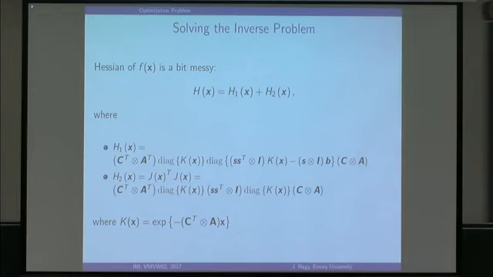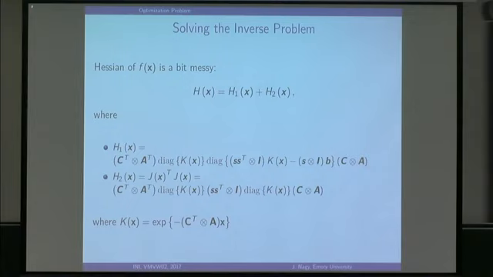Well, you can write it down, and you can actually compute these things. There is an issue, of course: this thing could be indefinite, so you have to take that into account if you're going to try to use the full Hessian. But you can write these things down. I'm going to try to use both of these in some numerical experiments to do my solves.